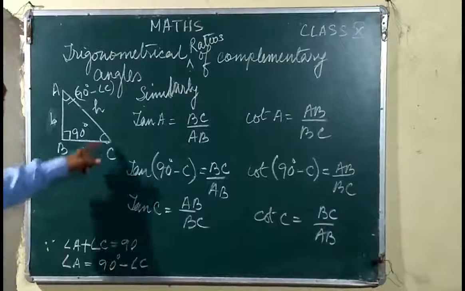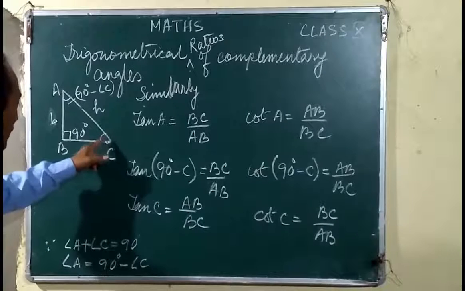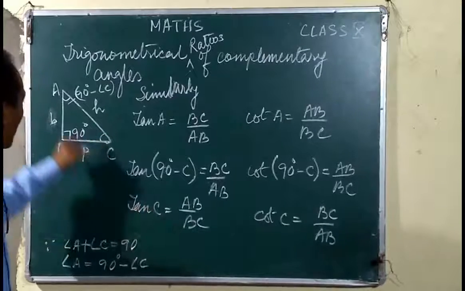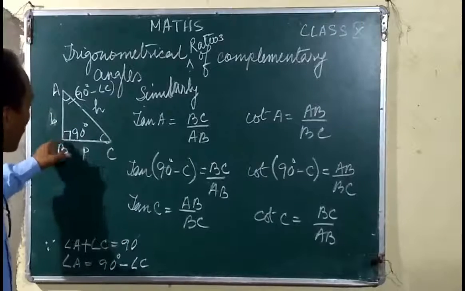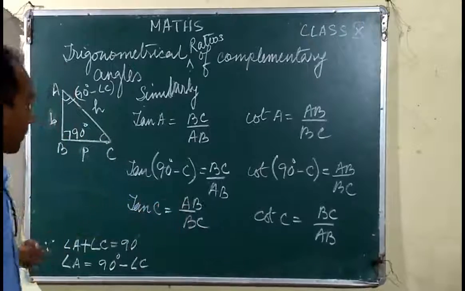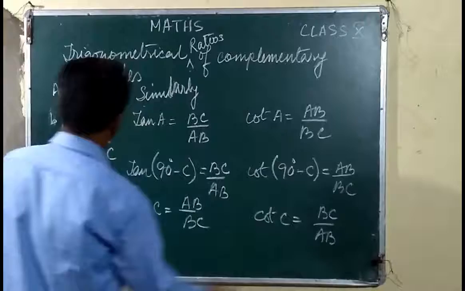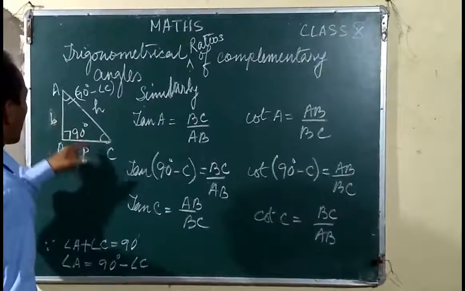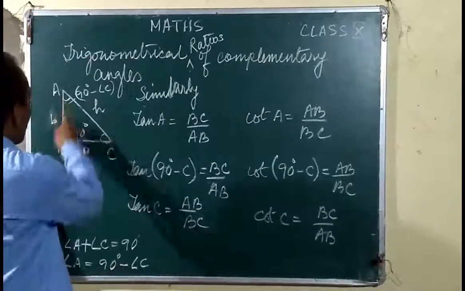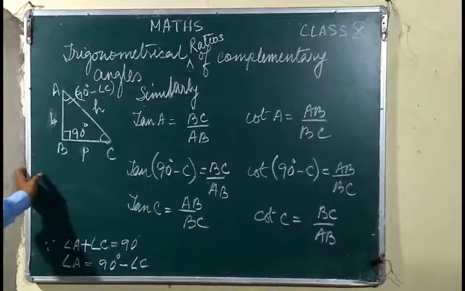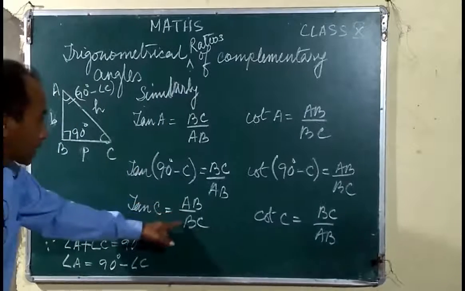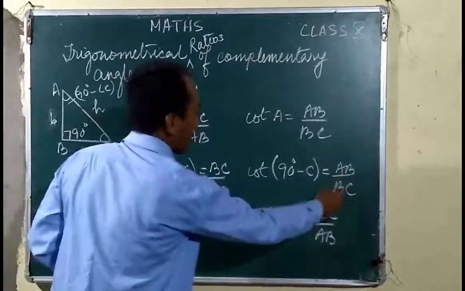Now, if we measure this acute angle, tan C, this is going to be perpendicular and this is going to be base. So AB by BC. Now if we measure cot C, this is base, this is perpendicular, so base by perpendicular, BC by AB. So what do we find now? Here you see AB by BC.